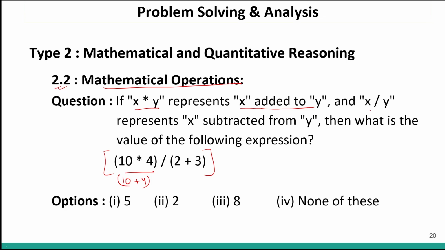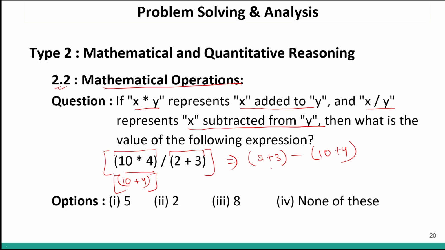Now, the second thing, x divided by y represents x is subtracted from y. So this element divided by this element basically means 2 plus 3 minus 10 plus 4. So this is how you solve questions for mathematical operations. Now 10 into 4 is represented as 10 plus 4. Correct? So this will be my final equation.